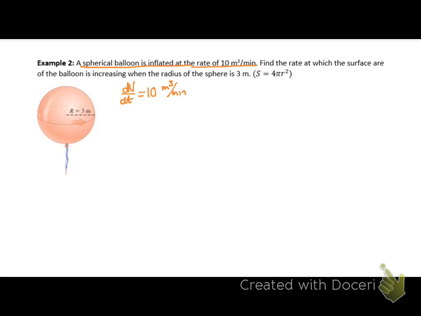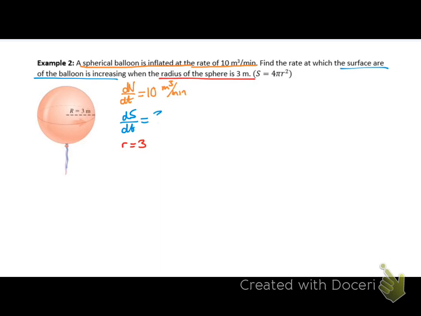All right, it says find the rate at which the surface area of the balloon is increasing. So we need to find dS dt. That's what we don't know, when the radius is 3. Now, if I'm dealing with volume, I probably need to write down somewhere the volume formula, and if I'm finding surface area, I probably need to write down the surface area formula.